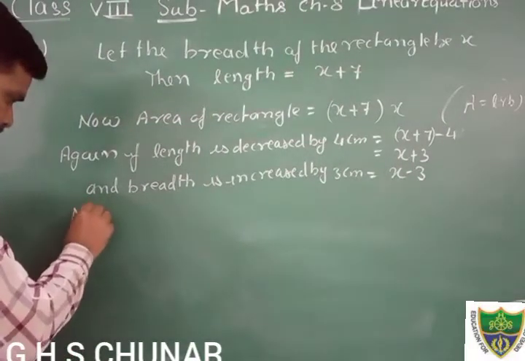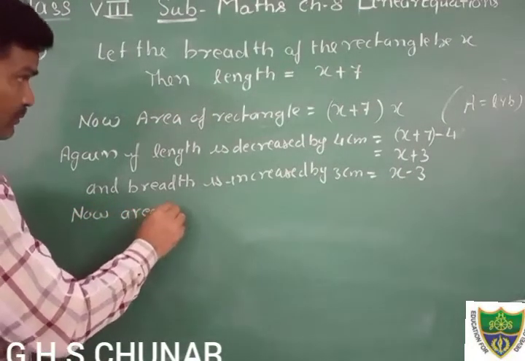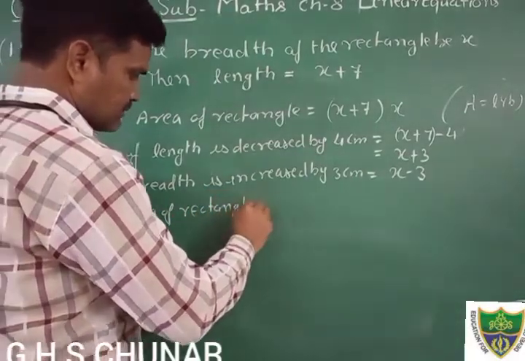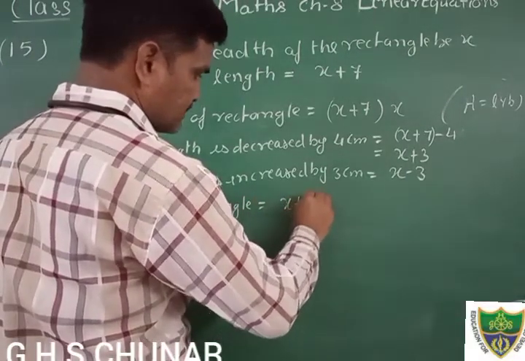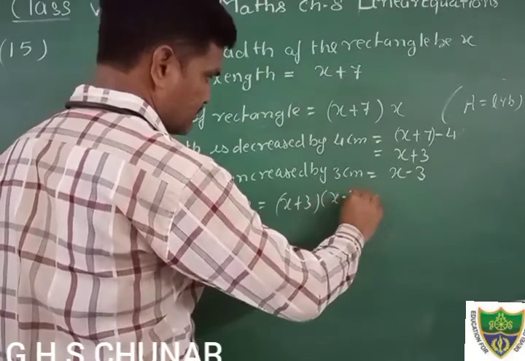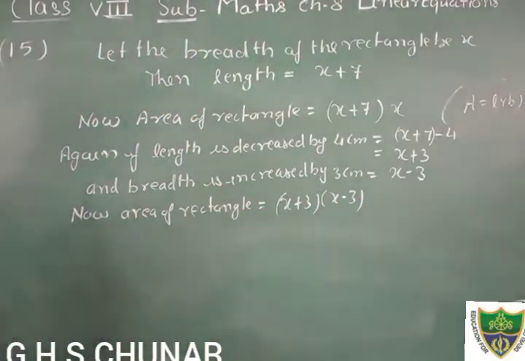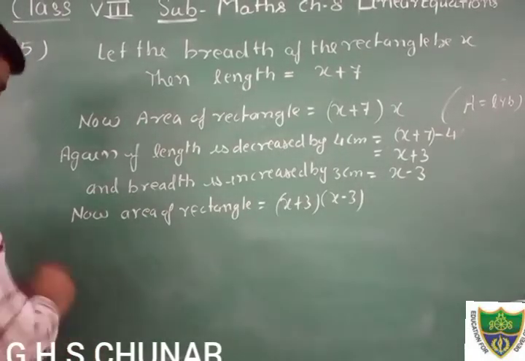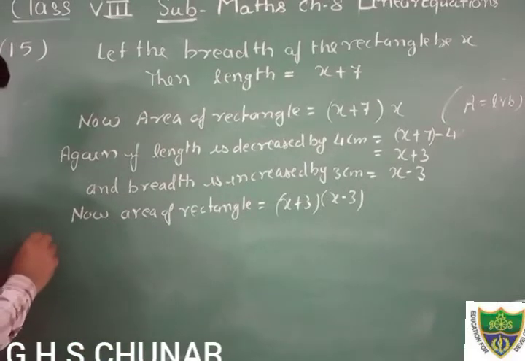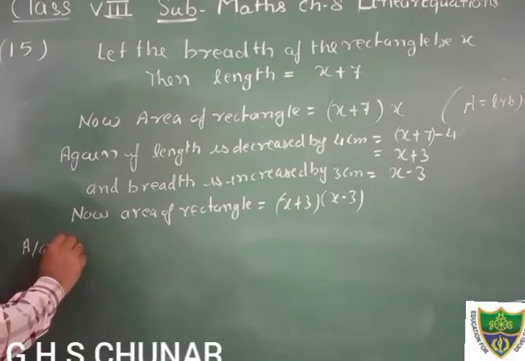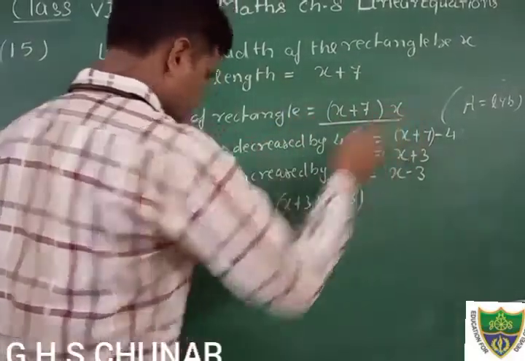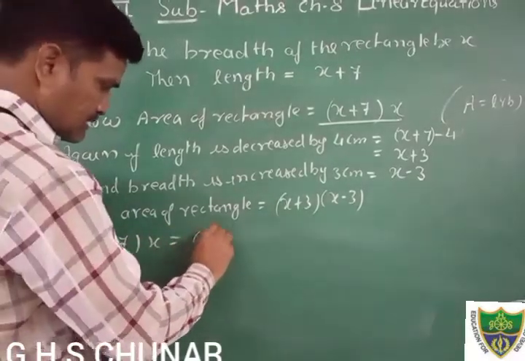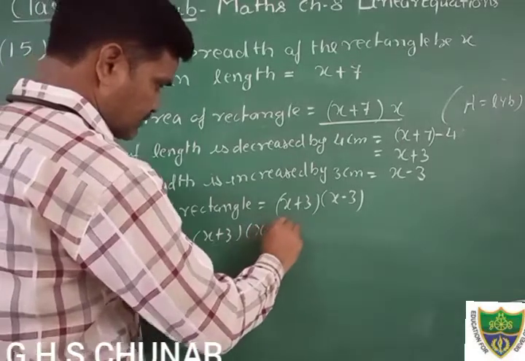Now area of rectangle, that is x plus 3 into x minus 3. But it is given that the area will remain unchanged. So according to the question, x plus 7 into x is equal to x plus 3 into x minus 3.